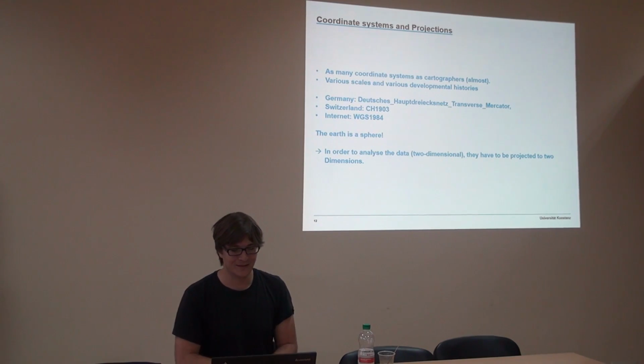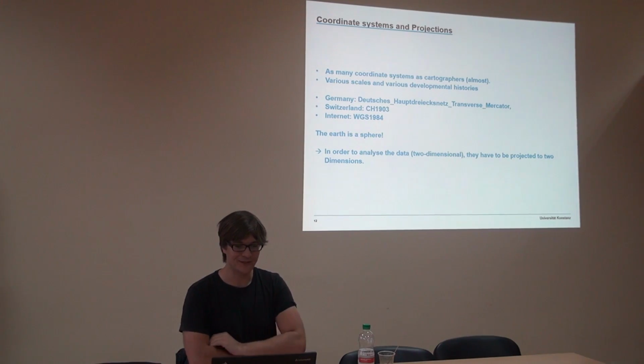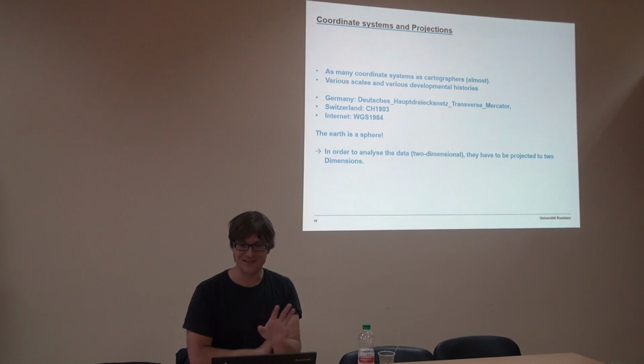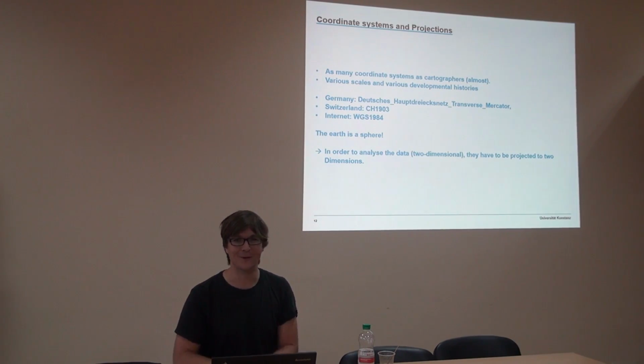So it's always good to find one common coordinate system. All the data you get from the internet has more or less its own coordinate system. It's the World Geodetic System from 1984. This is the data that you download from the internet, so it's probably a good way to use this coordinate system.